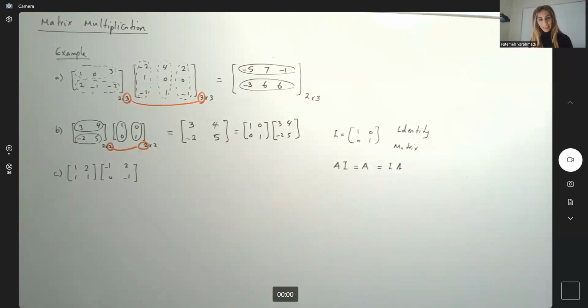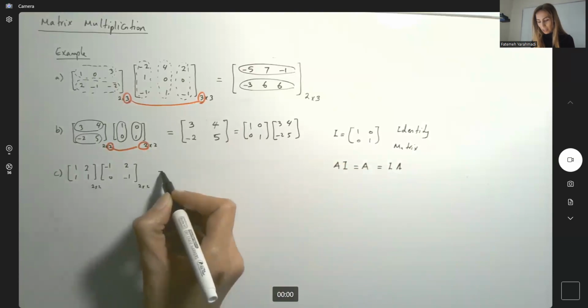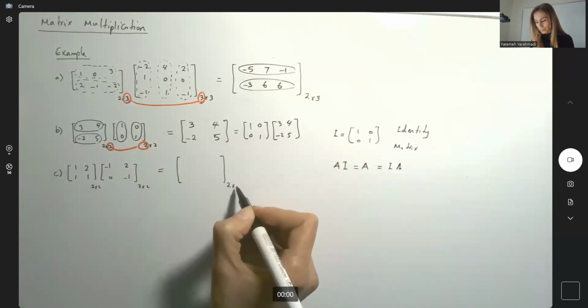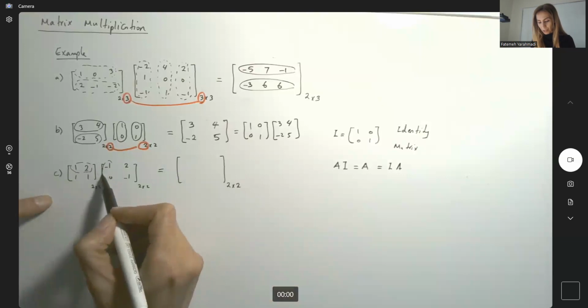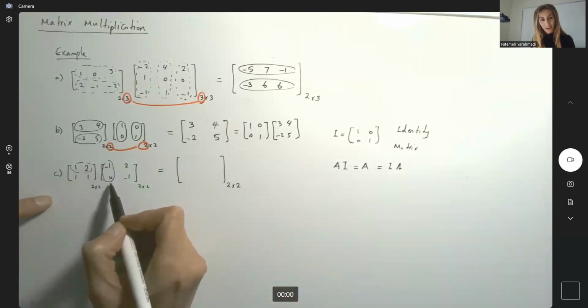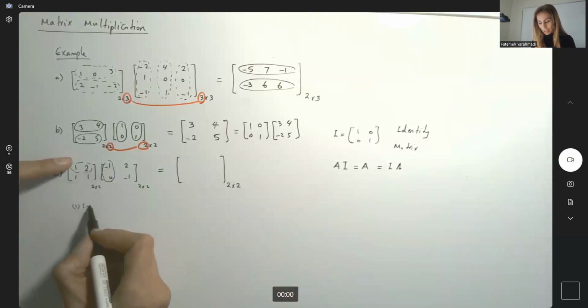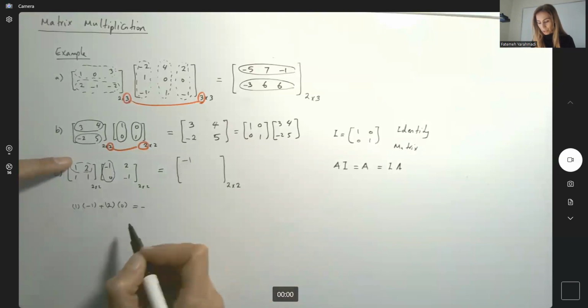And finally, let's take a look at this guy here. 2 by 2 matrix, 2 by 2 matrix. The outcome is going to be a 2 by 2 matrix as well. So the very first row, dot product with the first column, or the dot product between these two vectors. 1 times negative 1 plus 2 times 0, which is negative 1.